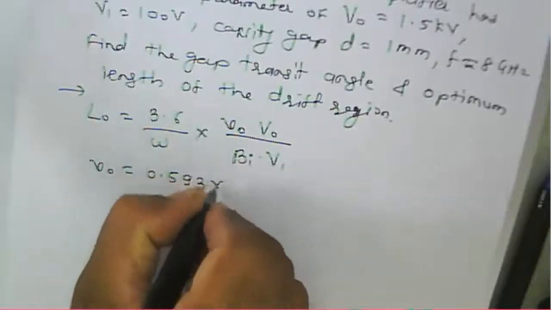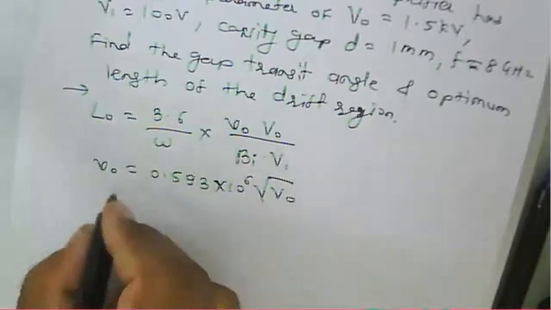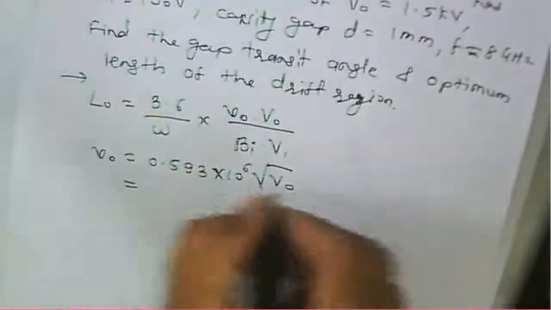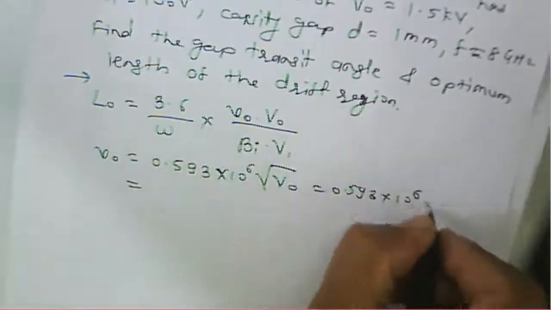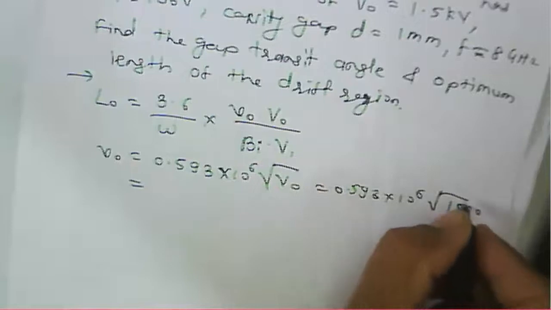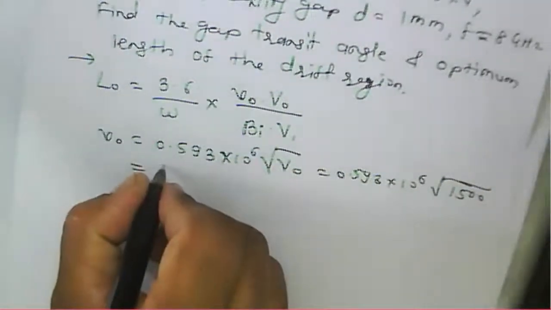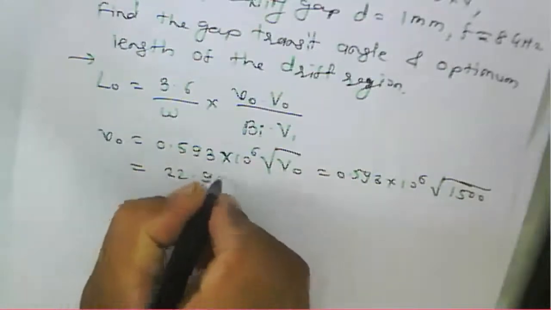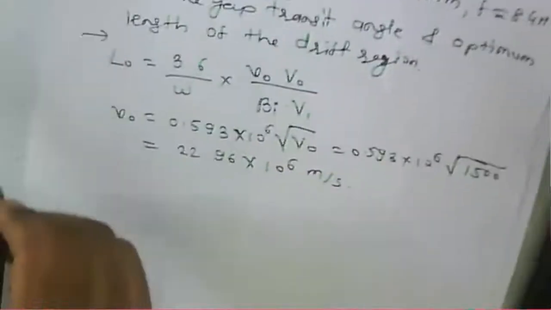To obtain the electron velocity, 0.593 into 10 power 6 under root of capital V0. We put the value of V0 here, 0.593 into 10 power 6 under root of 1500, 1.5 kV. We'll get 22.96 into 10 power 6 meter per second.